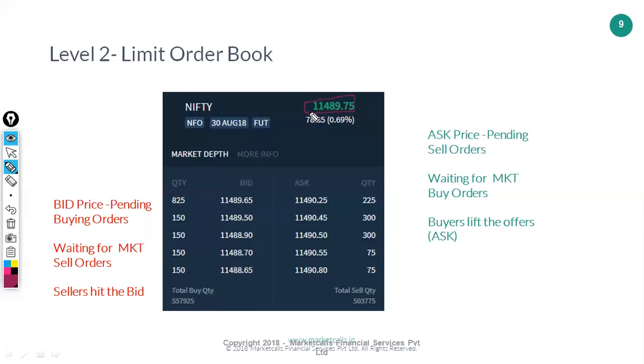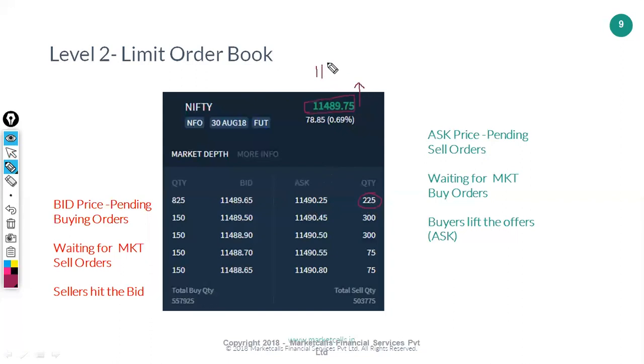If I want to move the market to the next level, I have to punch a market order. As a buyer, I have to lift the offer, or lift the ask price. Let's say I punch one lot of Nifty. I will be moving the market by how many? 50 paise, right? That will be a 50 paise increment. Then the market price ticks up.